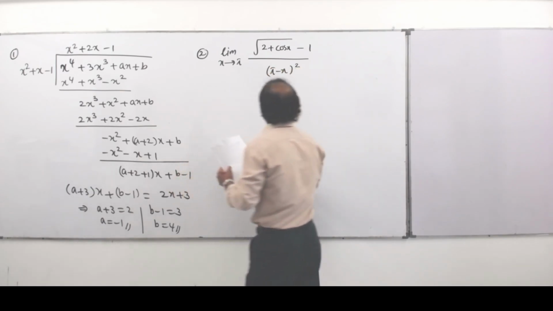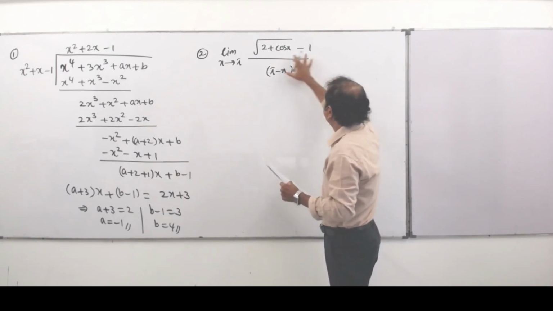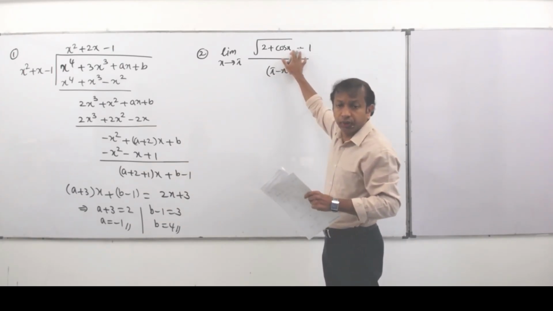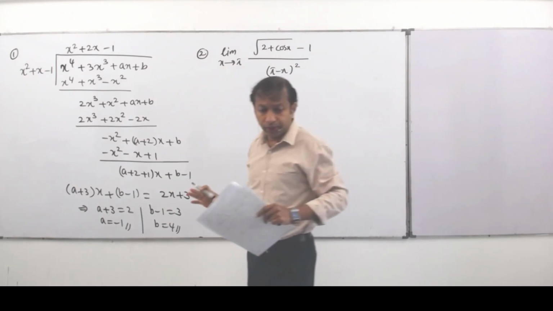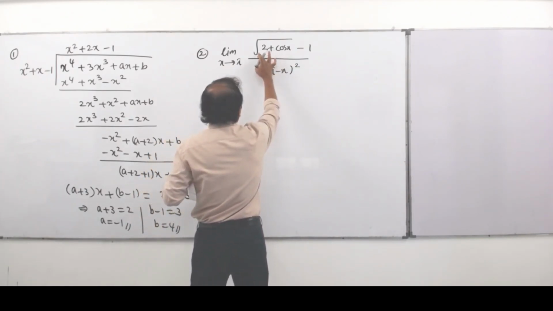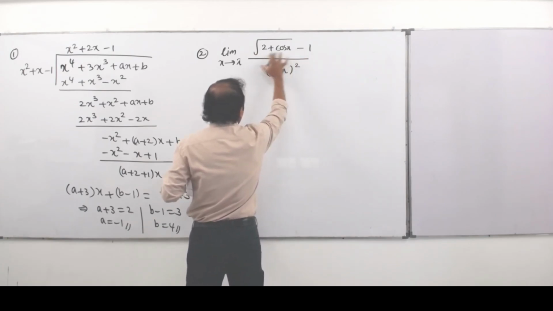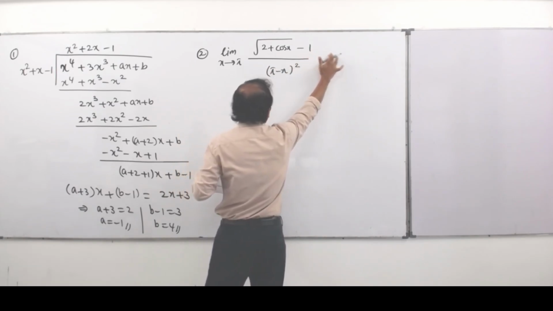First we multiply both this numerator and denominator by the conjugate of this numerator, right? The conjugate of this numerator is going to be this plus 1. Then that takes the form (x - y)(x + y).